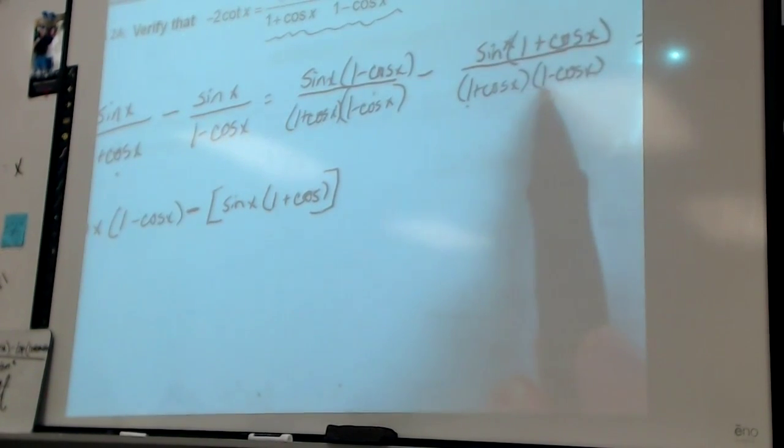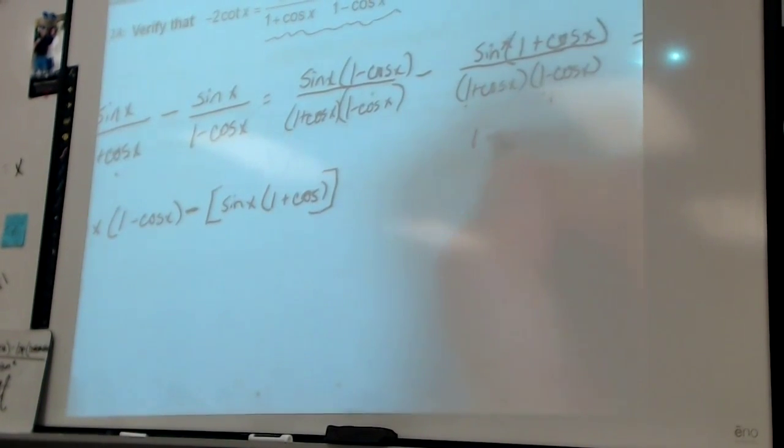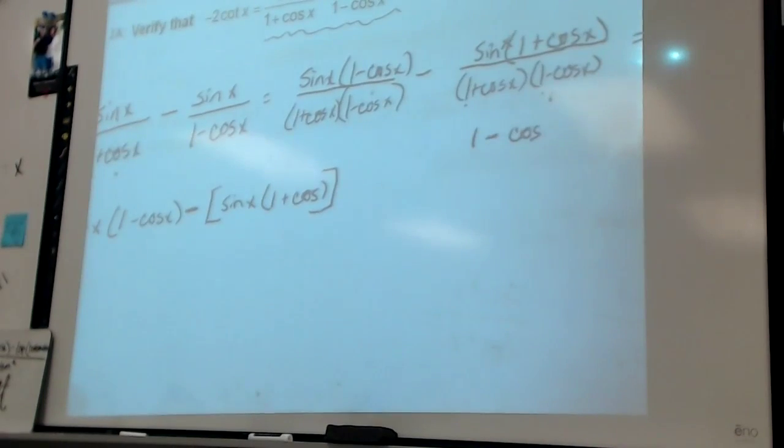So we would have 1 times 1, which is 1. Then we would have outside negative cosine x, inside positive cosine x. So those two would cancel each other out, right? So then we multiply the last terms. Cosine x times negative cosine x would be negative cosine what? Squared x. Good.